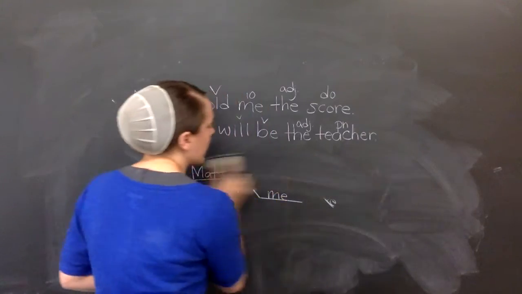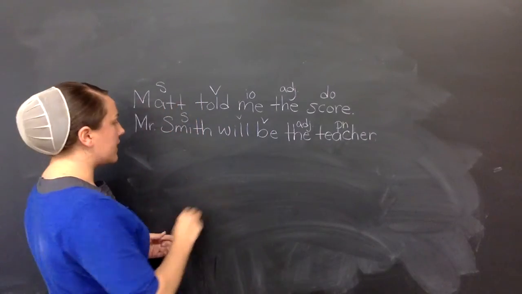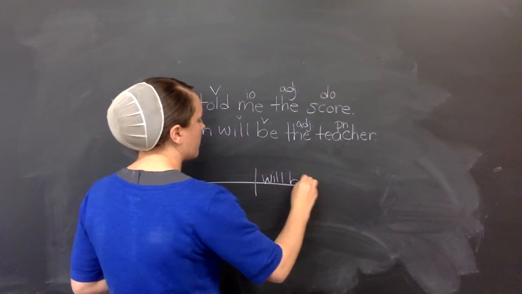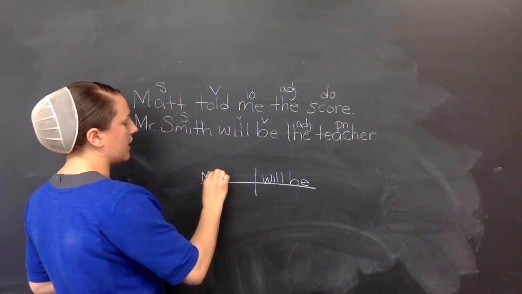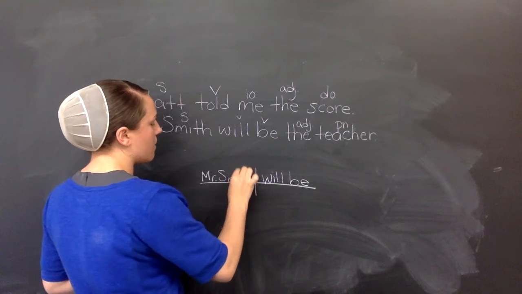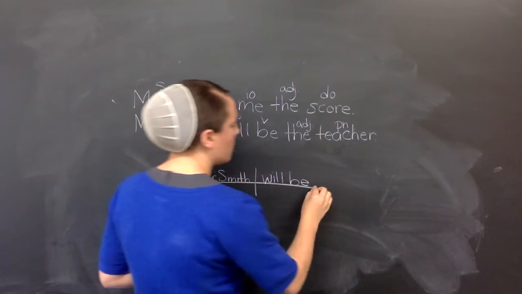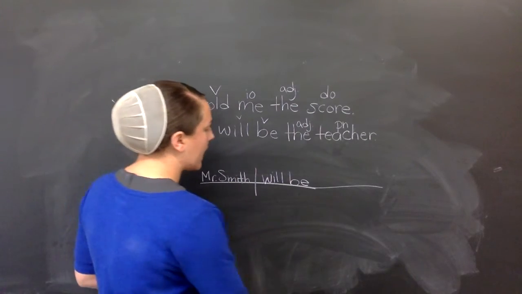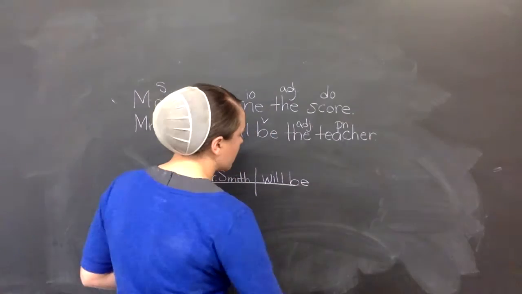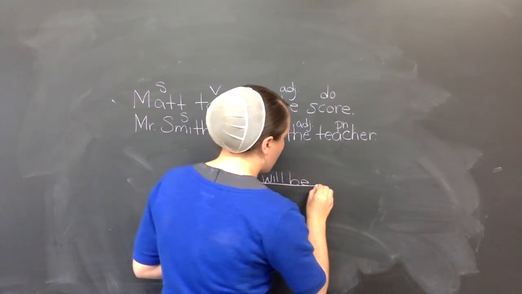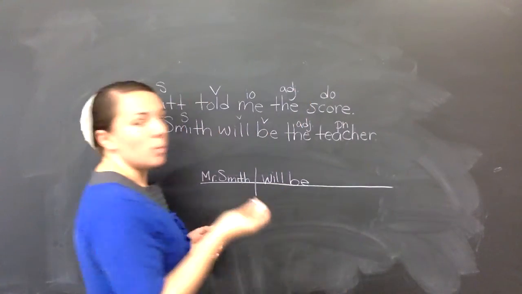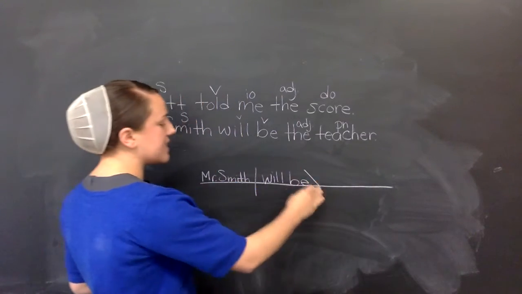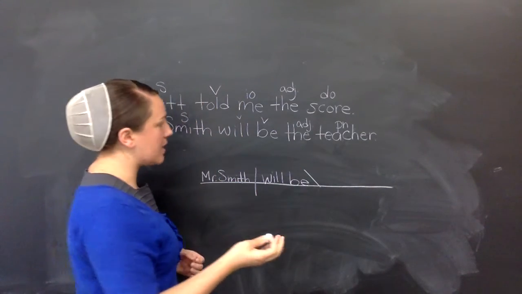Now, if we're diagramming predicate nominatives and predicate adjectives, we have Mr. Smith will be. On the same line as the verb, we have our predicate nominatives and predicate adjectives with a slanted line pointing back to the subject.